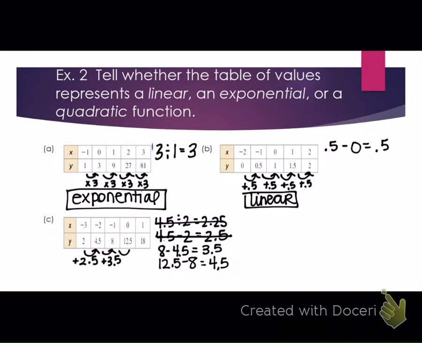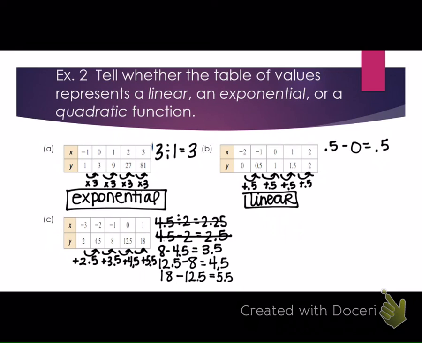So I added 4.5 right here. And then I take the last number on the chart minus that 12.5, and 18 minus 12.5 gives me 5.5. So you can see how getting from each number to the next was a completely different value.